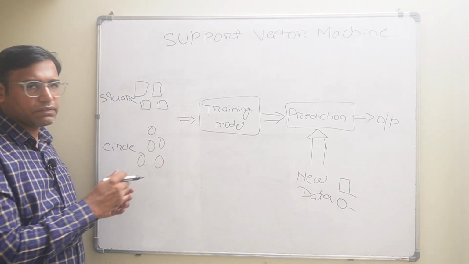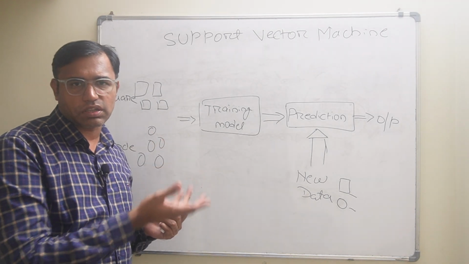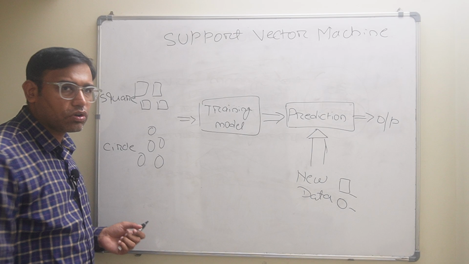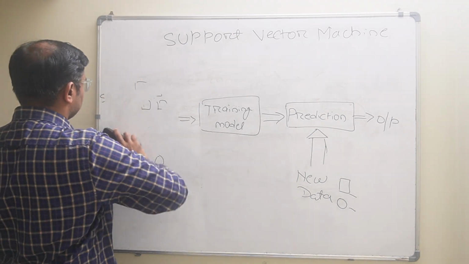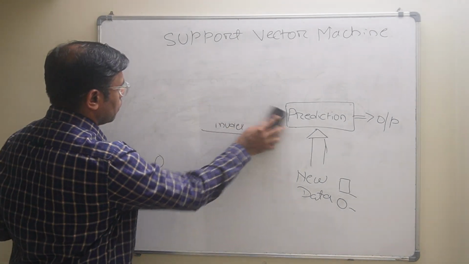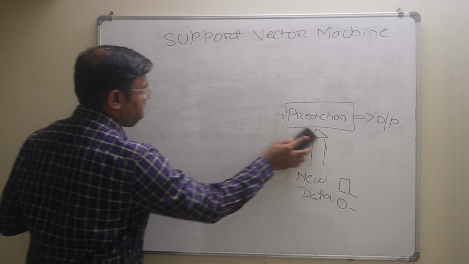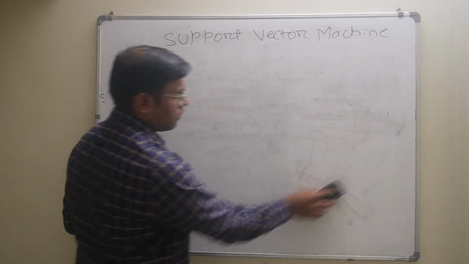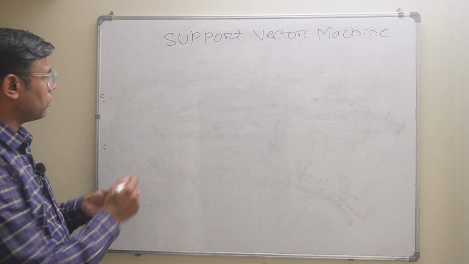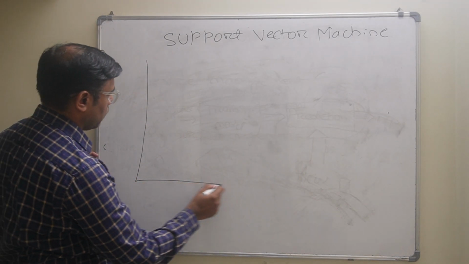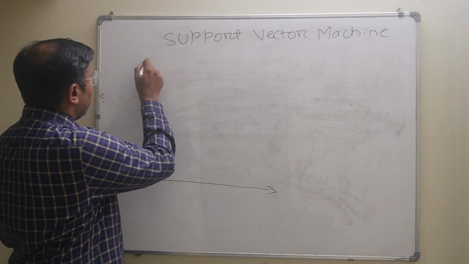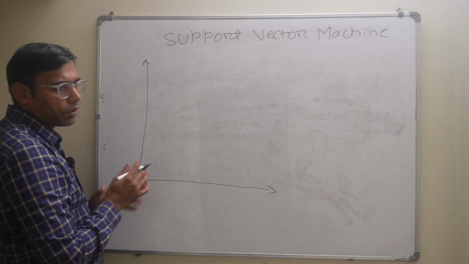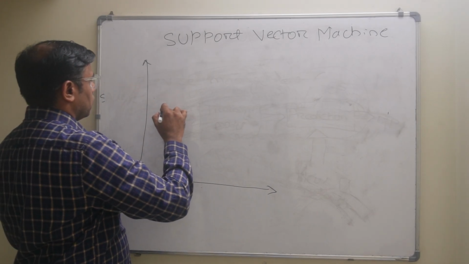So now the same thing we can draw in support vector machine. So let us see how to draw it. So let us take the x and y plot, and we perform the classification.